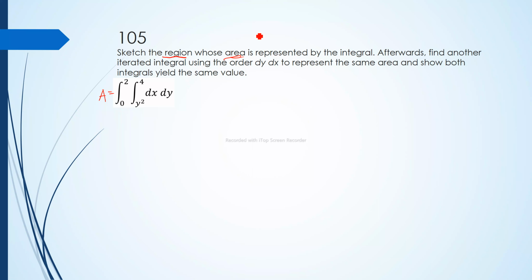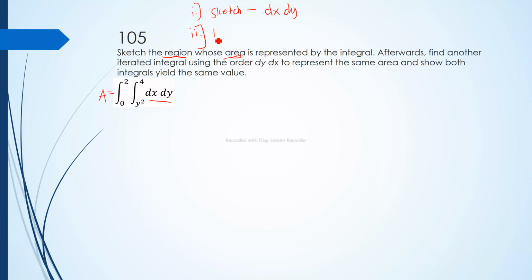Afterwards, there is the next instruction. First is to sketch. And then it has another instruction: find another iterated integral using the order dy dx. The first one has the order dx dy.